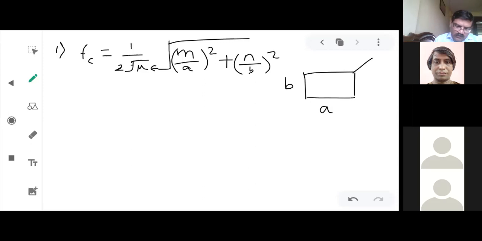And this is the length of the waveguide. The cross-sectional dimension totally decides the characteristic impedance and everything else; everything depends on the cross-section.